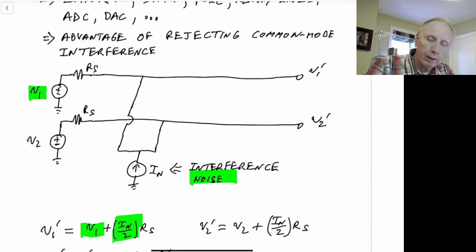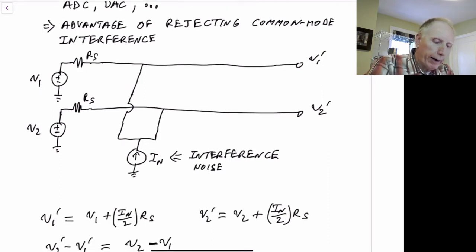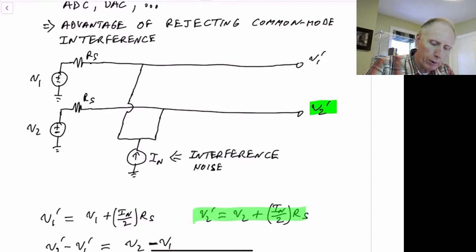So half the current times RS, RS being the source resistance over here. So we've ended up at the far end having the original signal plus some noise on it. If we run a separate wire that has the exact same source resistance on it, then we can write a similar equation for V2 prime, and we'll have this equation down here.